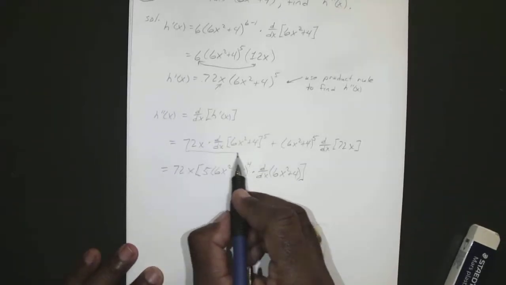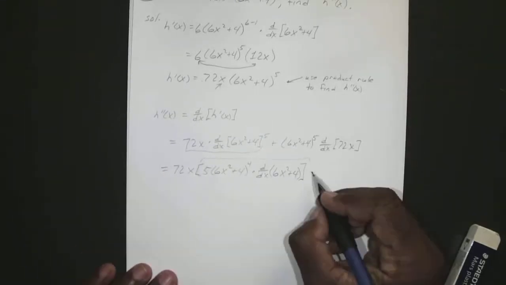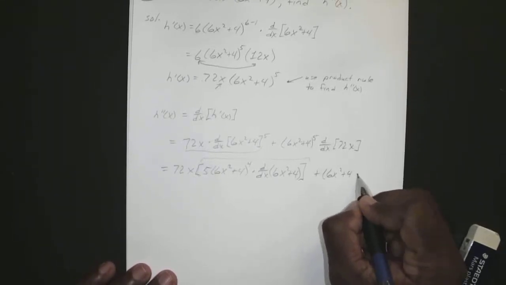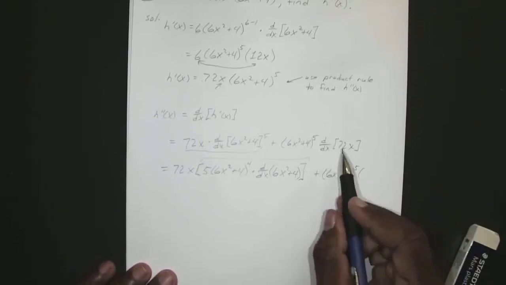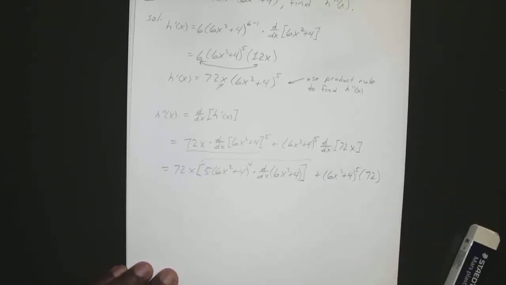Okay, so remember, that's just that first term. Plus (6x² + 4)^5 times the derivative of 72x, which is just 72.